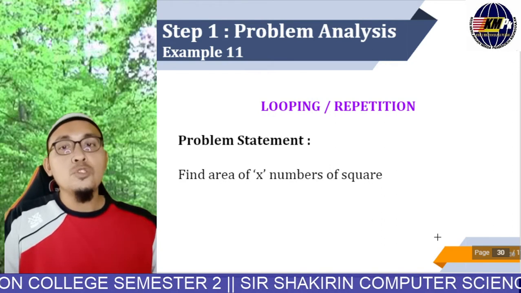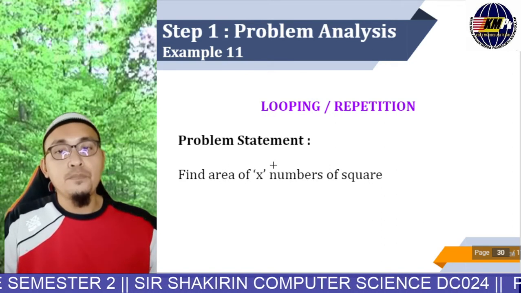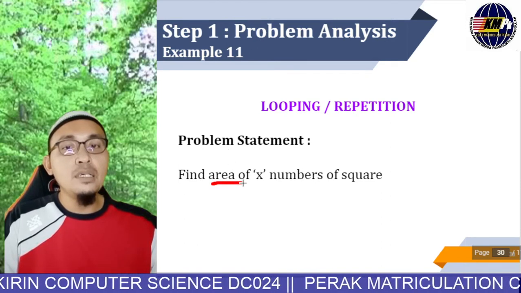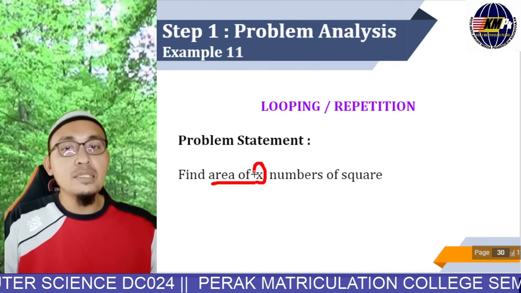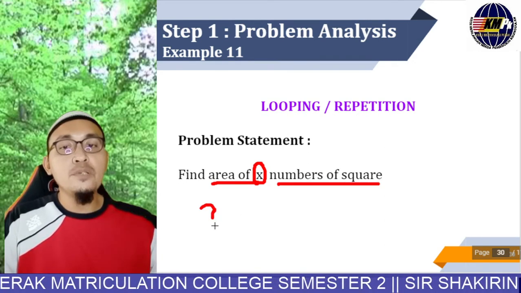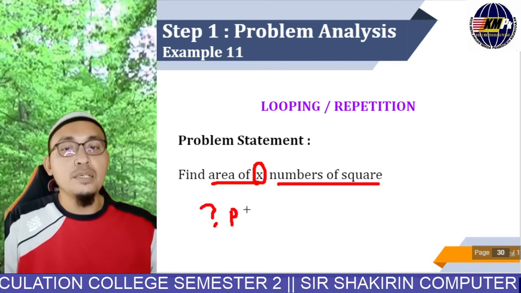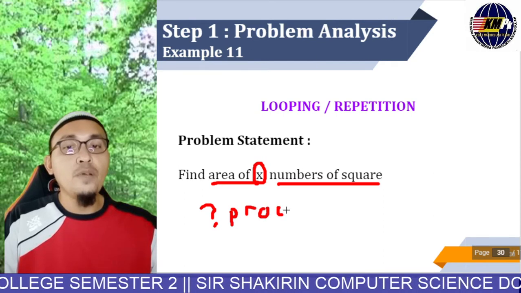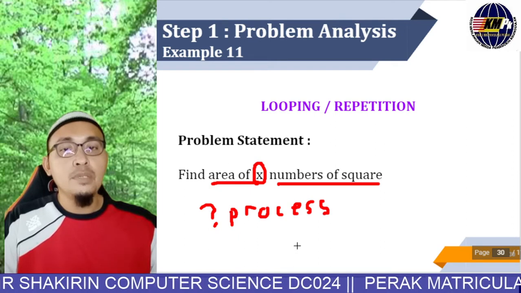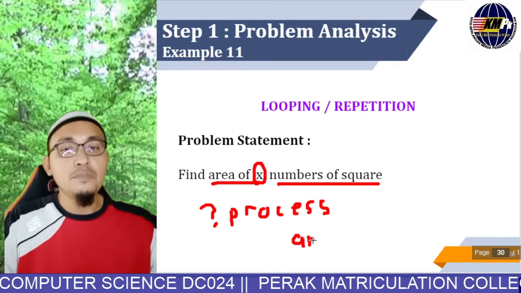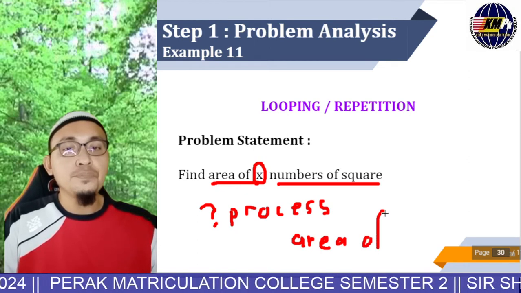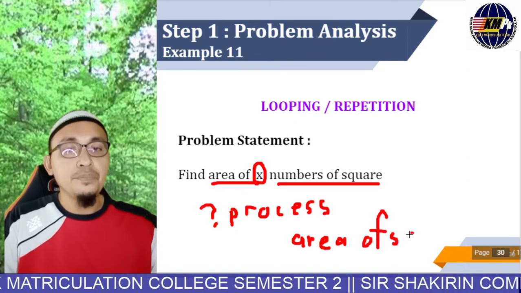Let's move to example 11. The problem statement here shows the area of x numbers of square. I'm asking you now, what is the process here? Think to find the process first. The process here is area of square.